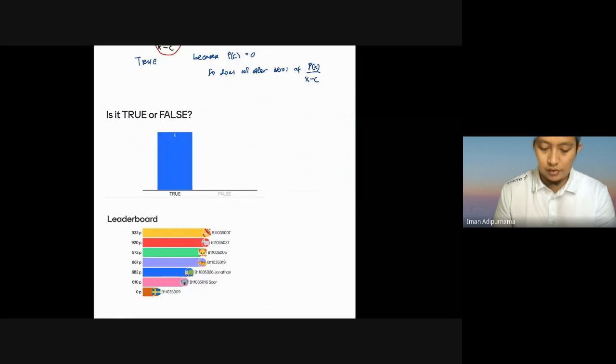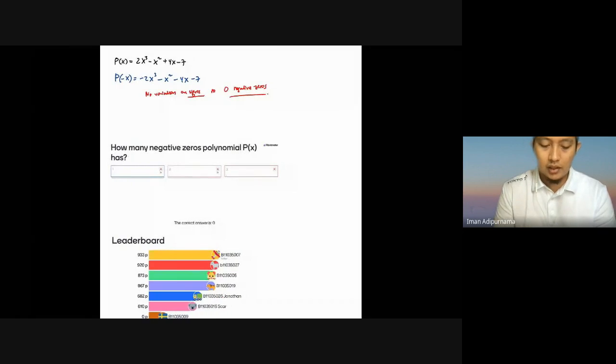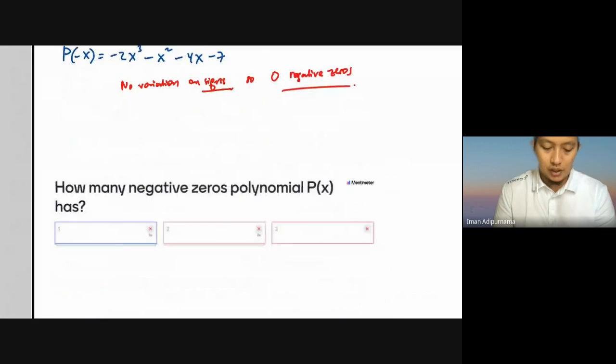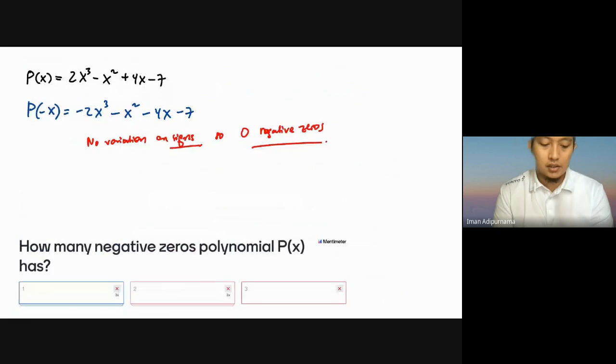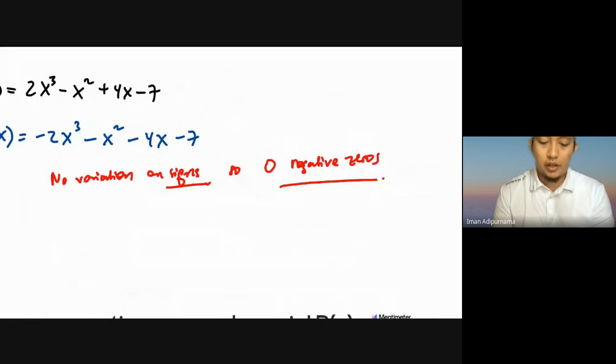It's true, but then you have this question: how many negative zeros does polynomial P(x) have? Negative zeros mean, for example, when you have x minus 2 and x plus 3, you have x equals 2 and x equals negative 3.